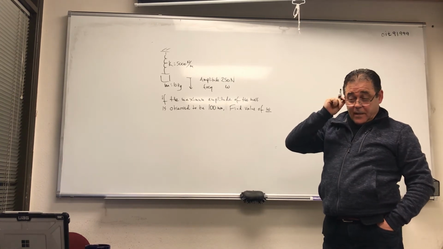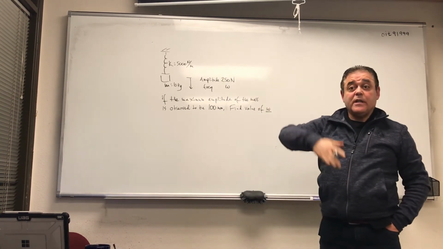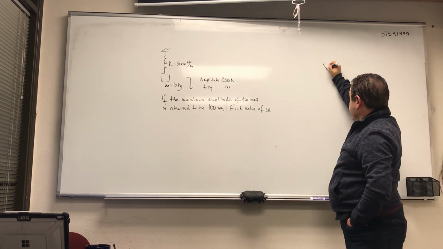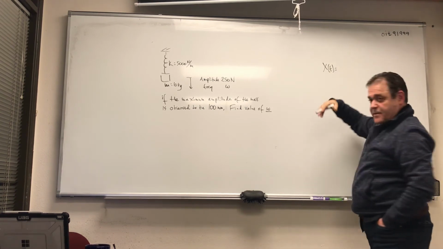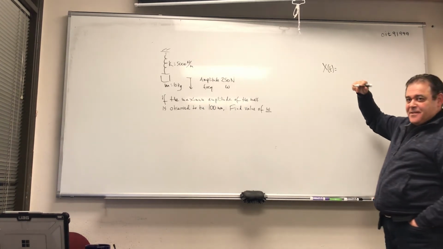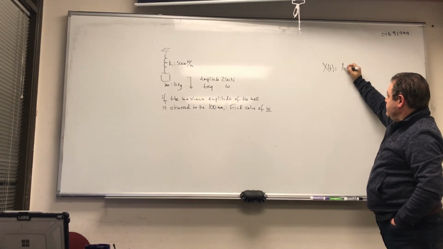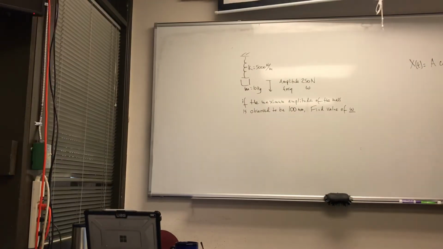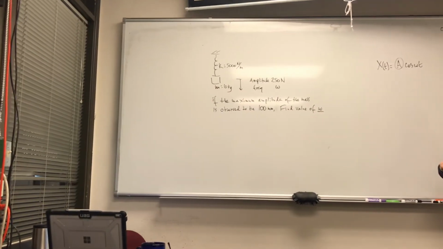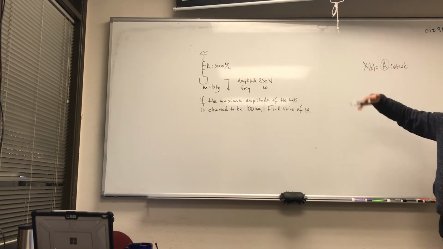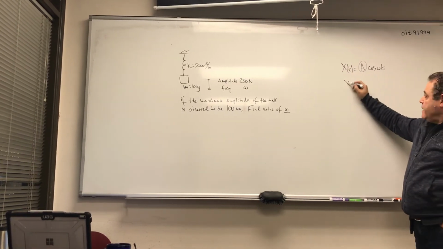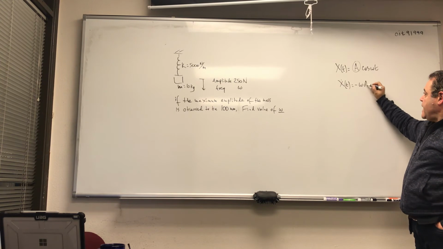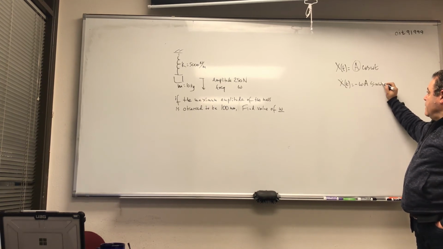Amplitude is only distance when you're talking about x of t. If x of t is equal to A cosine omega t, what does A represent? The amplitude of the displacement. If I take x dot of t, that's negative omega A sine omega t.